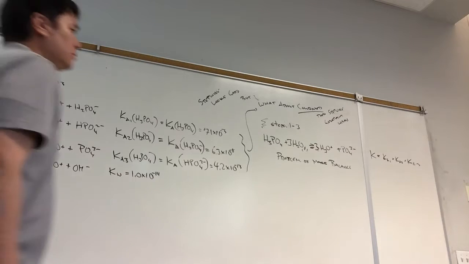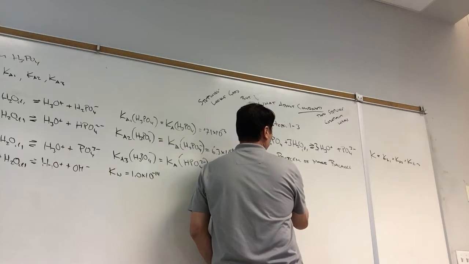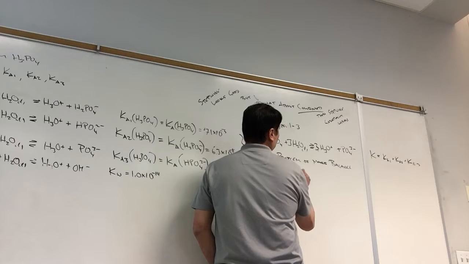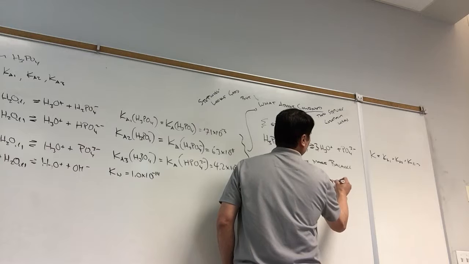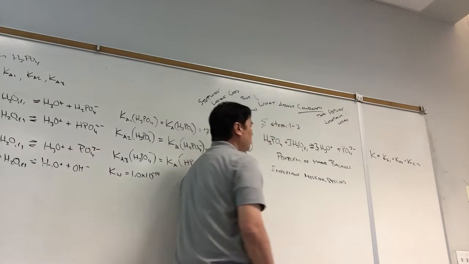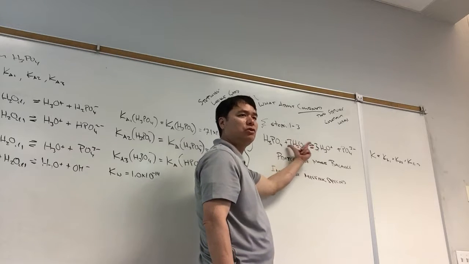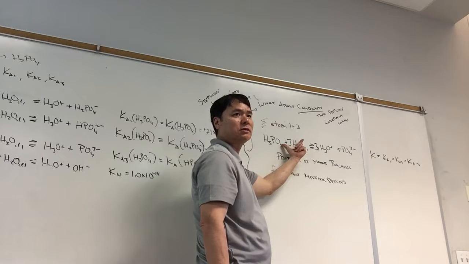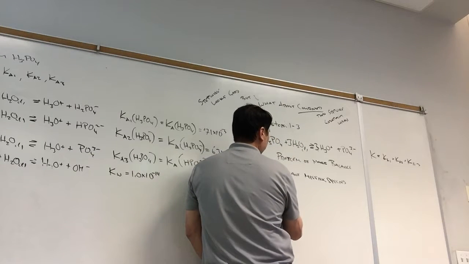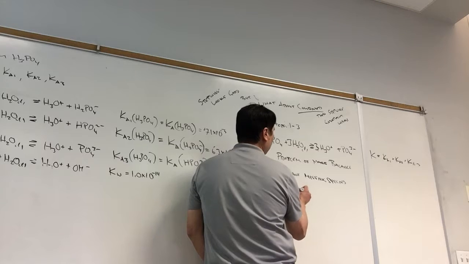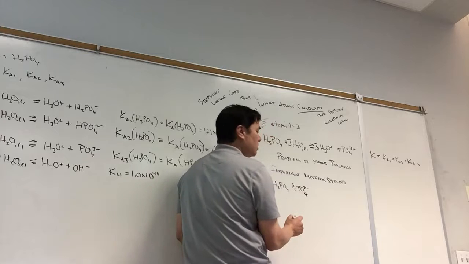Well, in this case, we're missing stuff. There are missing species. Important missing species. When we look at this equation here, there are only 2 phosphorus-containing species. H3PO4 and PO4 3- are the only phosphorus-containing species.